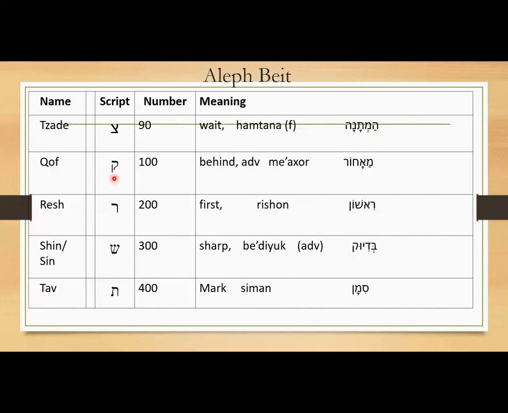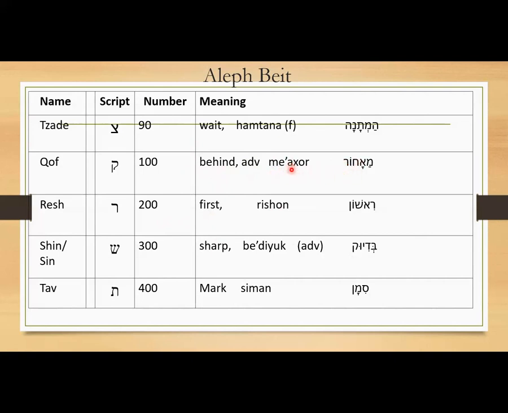I love this cough. It's 100. Its value is 100. And we're going to use the word that says the adverb behind. It's an adverb and it's behind. Me a for.